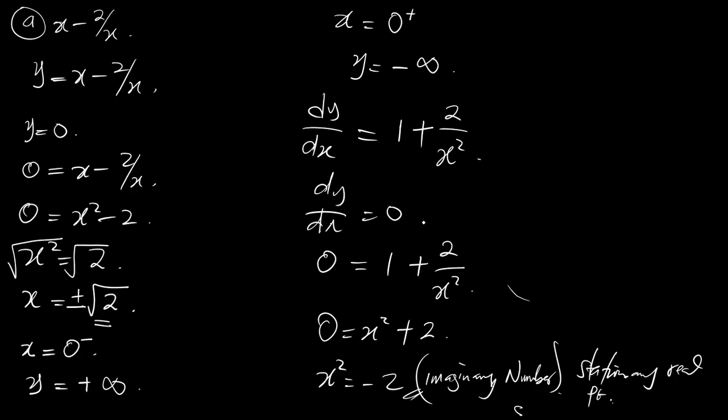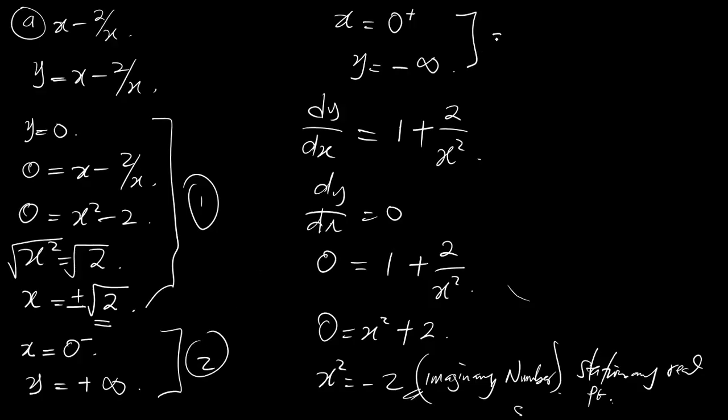Now we have gotten three boundary conditions. This is one, this one here is 2, here is 3. Now there is another one, the fourth one.